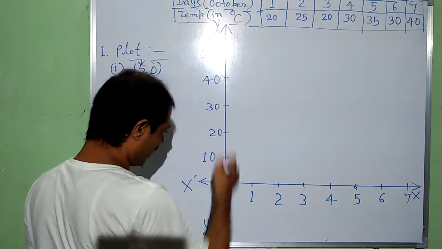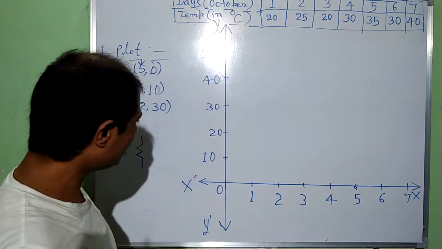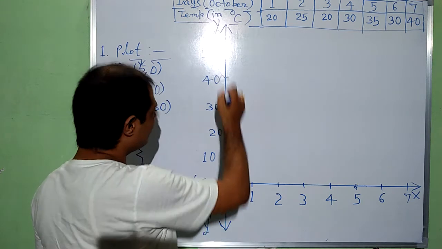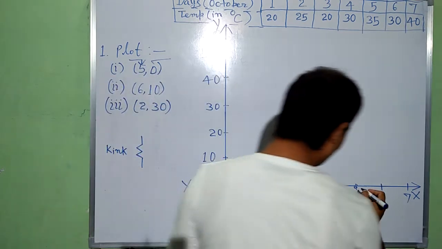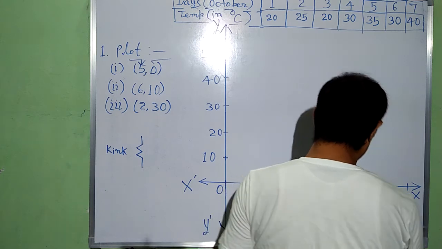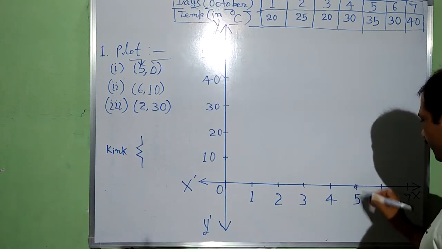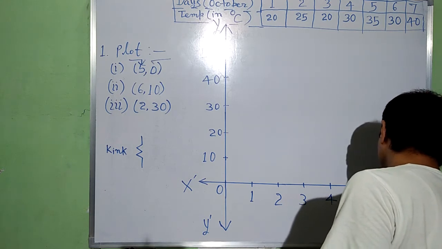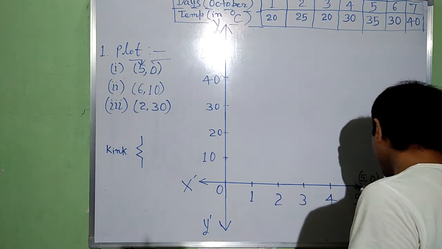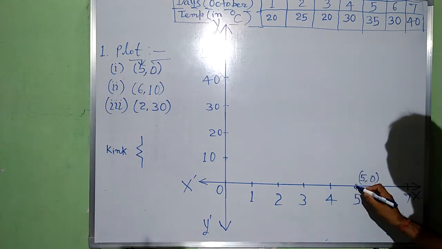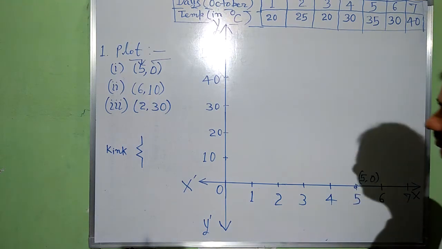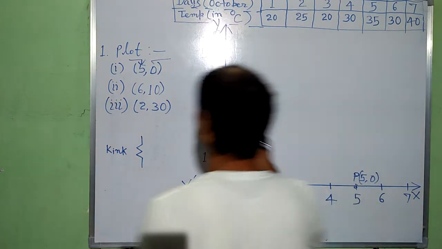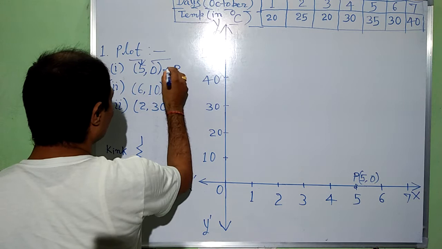This is y dash, this is the y-axis, and the distance of this point along this axis is 0. So we are at this point. This point is (5, 0). (5, 0) is the coordinate of this point in this graph. Suppose this point is P.